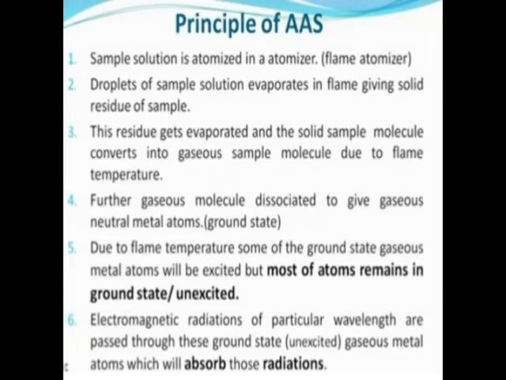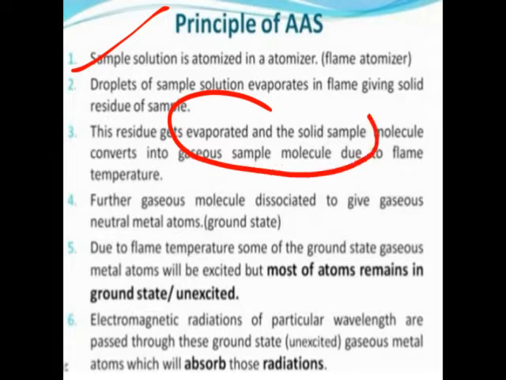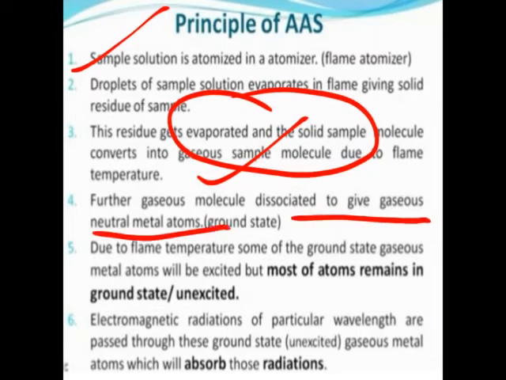So once again I will tell you, the sample is atomized in the atomizer. The first step is the conversion of the liquid sample into droplets. These droplets are converted into residues. Then these residues get evaporated and are converted into the gaseous sample. This gaseous molecule dissociates to give gaseous metal ions, and due to the flame temperature some of the ground state gaseous metal ions are excited, but most of them remain in the ground state.